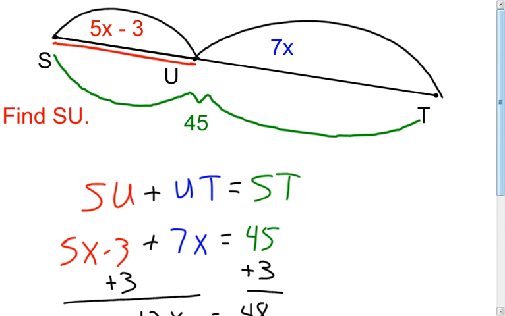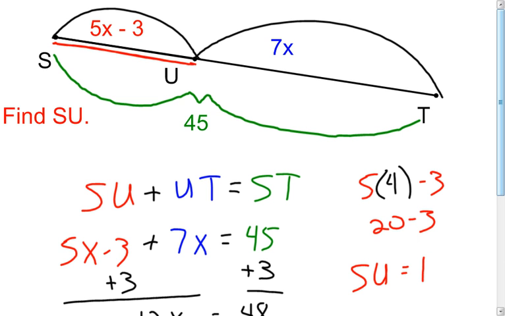So I come back and I know the length of segment SU is 5x minus 3. I found that x is 4, so I have 20 minus 3. The length of segment SU is going to equal 17 units. Sometimes it might ask you for the length of segment UT. Plug in your x value in a different spot, and you'll be able to figure it out.